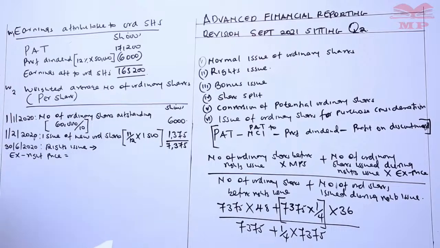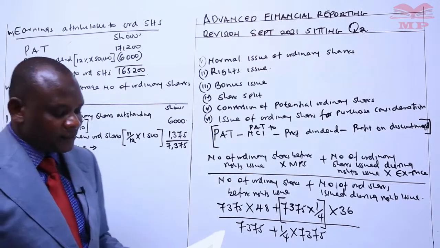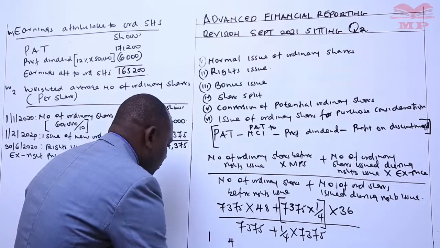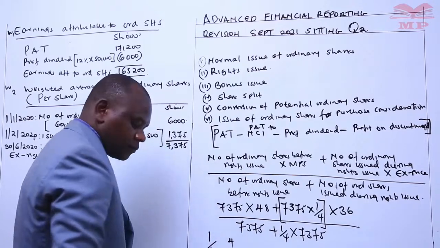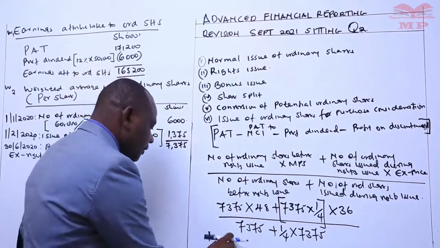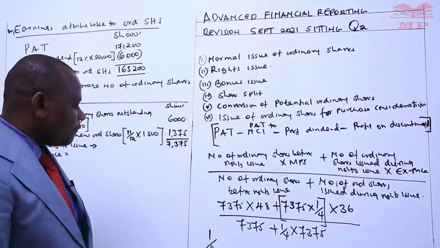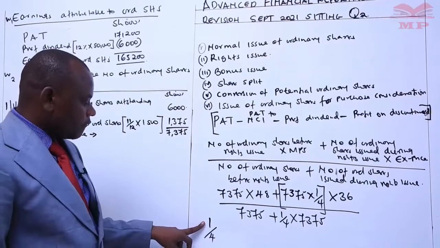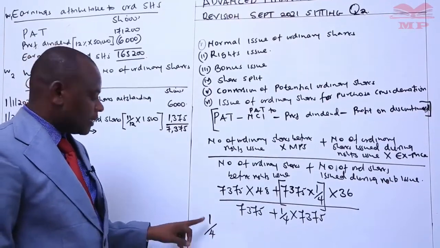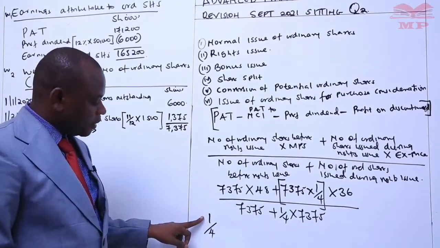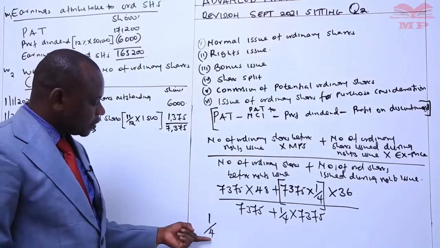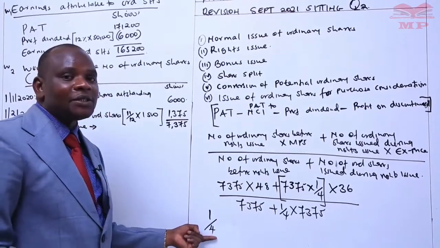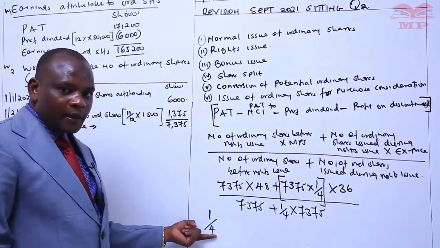Then option 2, I can go the direction of per unit. If you are told 1 for every 4, that means that for every 4 shares that you have, we give you 1 during the rights issue. We give you 1 right, okay? So that means that the shares before rights issue is 4.